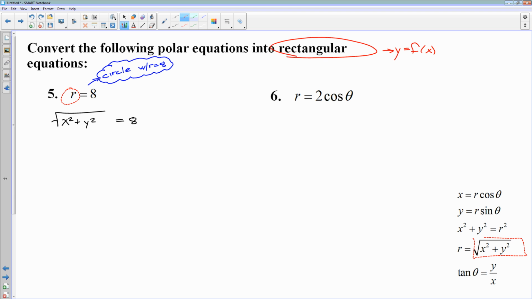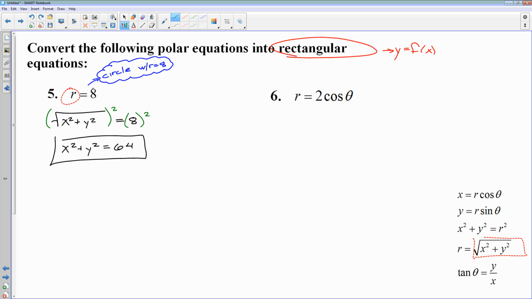And then I will square both sides of the equation, which will give me x squared plus y squared equals 64. And that is the equation of a circle with radius 8, centered at the origin, and you take the square root of that number to get the radius.